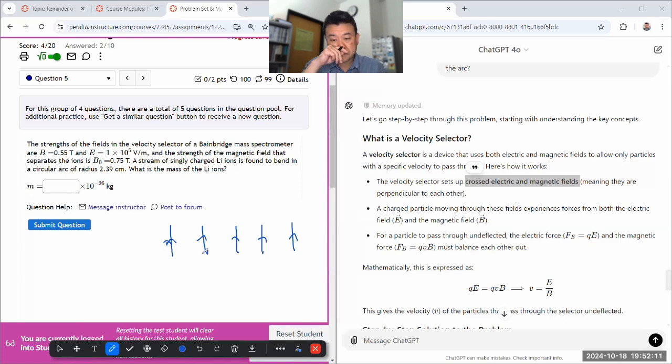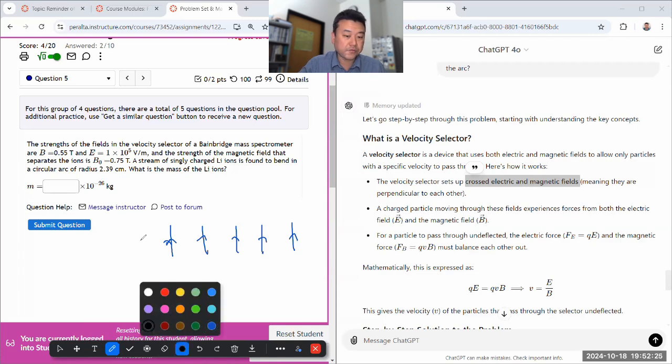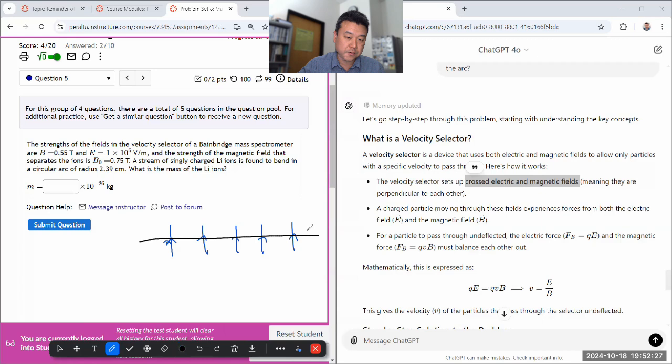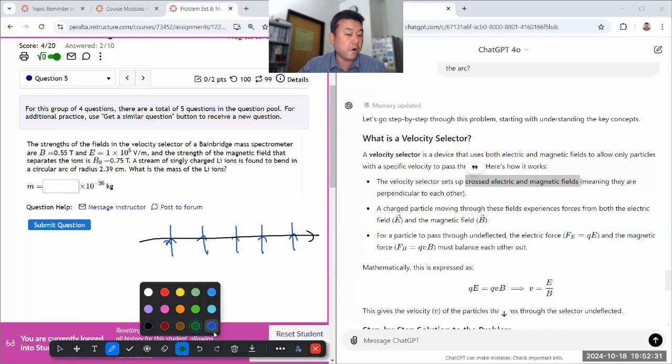Now, this charged particle that's moving through, it should move in a way perpendicular to both the electric and magnetic field. So in I guess traditional drawing, I draw them so that particle path is going this way. In that case, magnetic field can really be only along one axis, either out of the page or into the page.